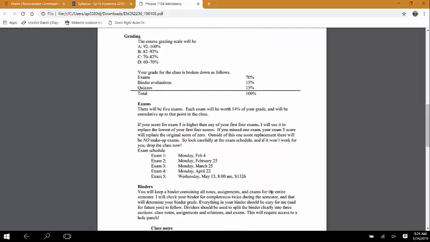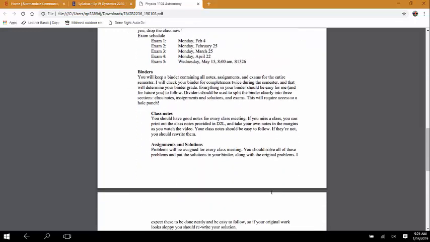Okay, the next part of the grade is binder evaluations. So I said you have to get one of these binders. And since there's no required textbook for this class, it's important that you keep some physical thing that you can have on a shelf and go back to when you need to remind yourself how to do a kind of problem or about a topic.